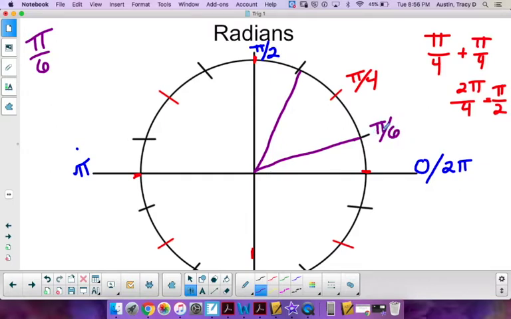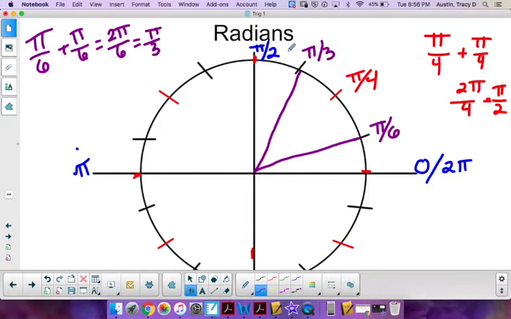Okay, so that's 30 degrees, and it's pi over 6, because if you were to convert it, that's what you would get. If I add a pi over 6, skip over to get to the next one. Remember, this was 30 and this was 60, so I'm adding another to get there. What's pi over 6 plus pi over 6? It's 2 pi over 6, which is pi over 3.